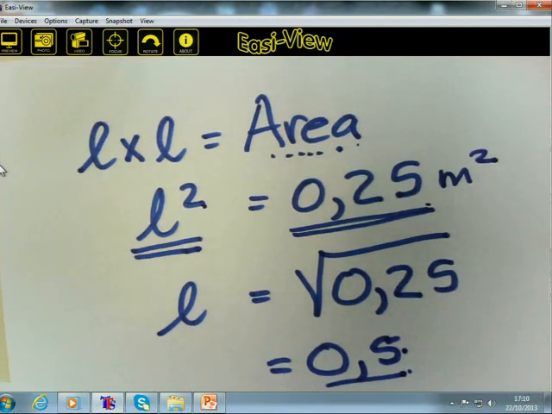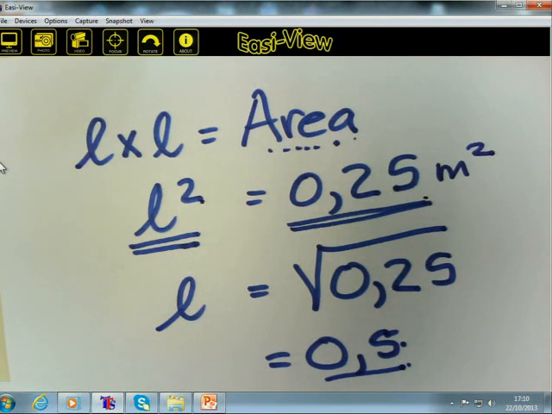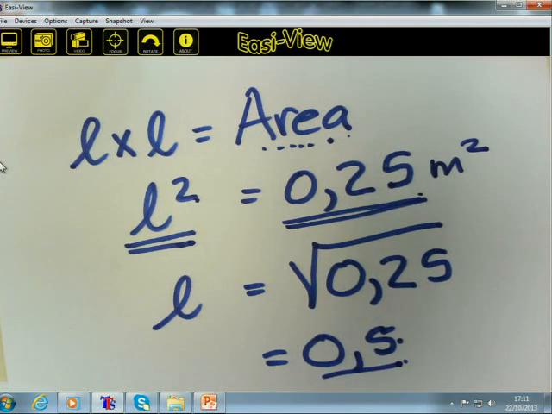So now we know that I have this concrete slab that looks like this, and it has a square base. So this side was 0.5, and that was also 0.5. And they say that the height is 0.2.